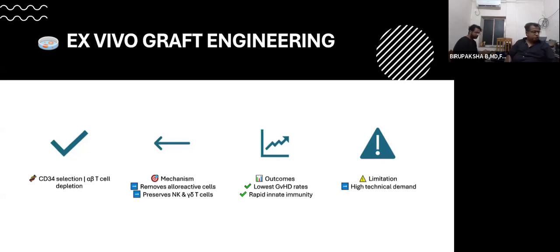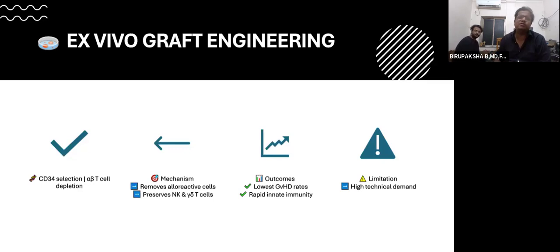I see one or two new posts on LinkedIn. I keep on sharing them. I keep on studying, reading, and there is plenty of stuff. I am saying that this webinar is not going to end if I speak about ex vivo stuff, ex vivo graft engineering. So that's how it goes. And what to add to this? CAR-T and TCR-T are going to, of course, change the entire paradigm.